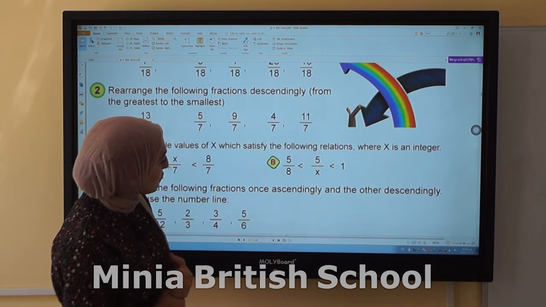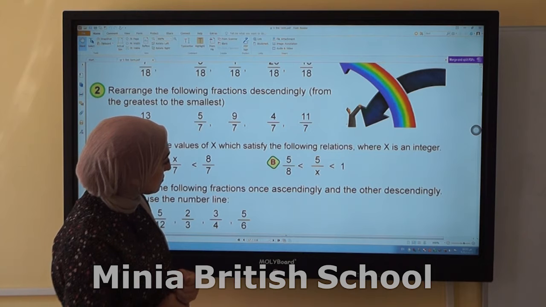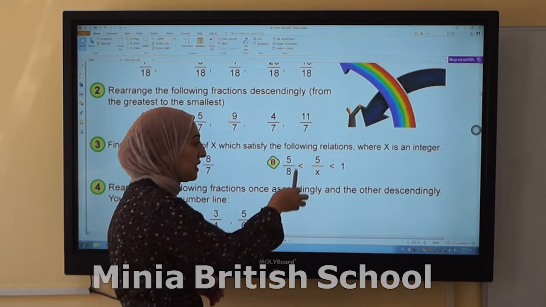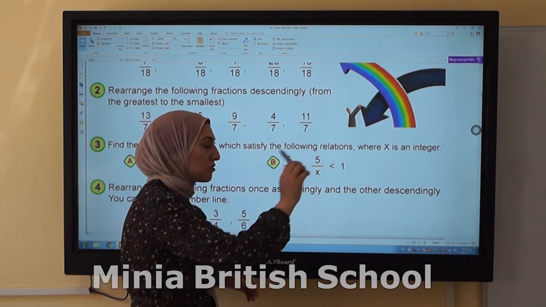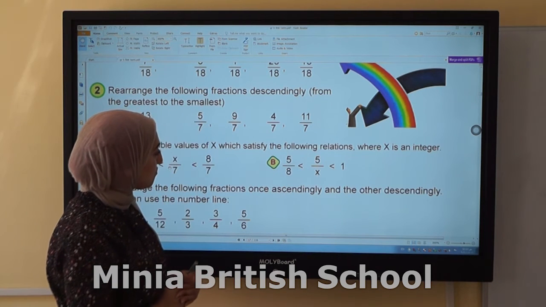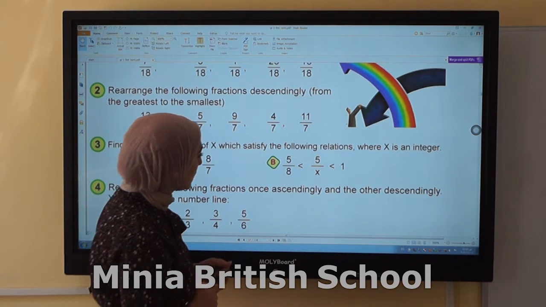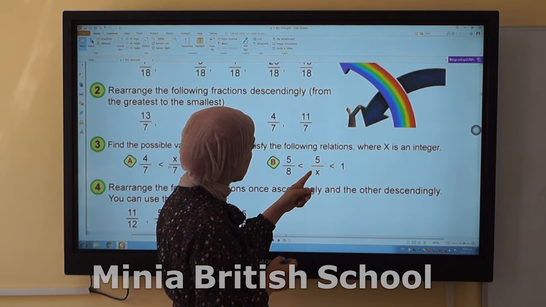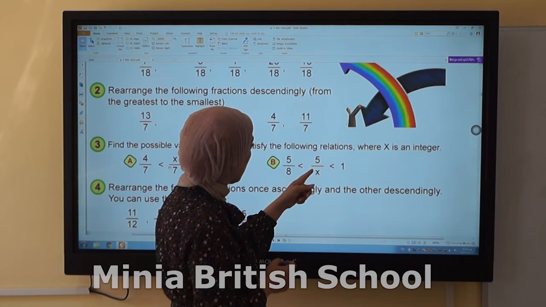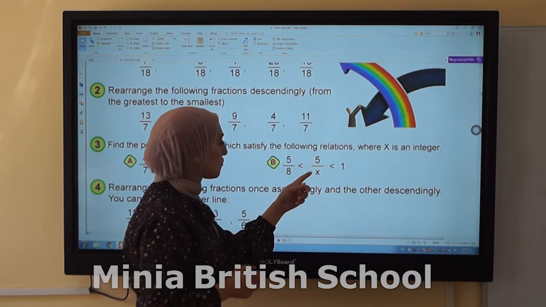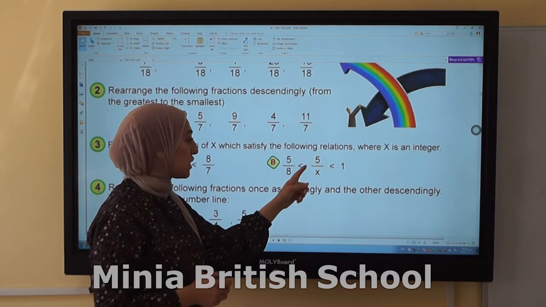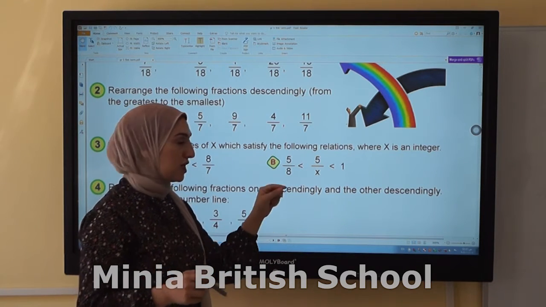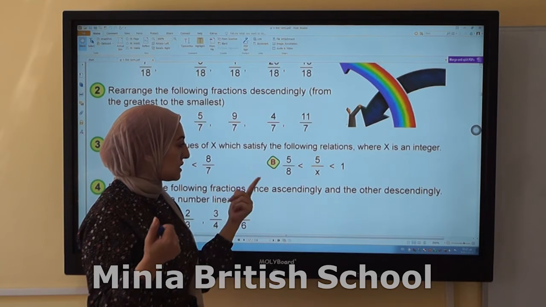And if I write any number smaller than 5, it will be an improper fraction, so it can't be. So I write 5 over 6 or 5 over 7. So here the correct answer is 6 or 7.